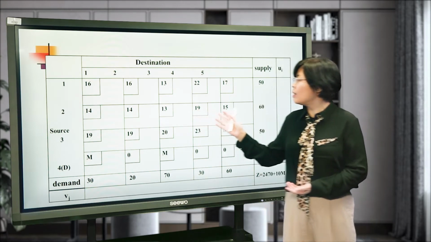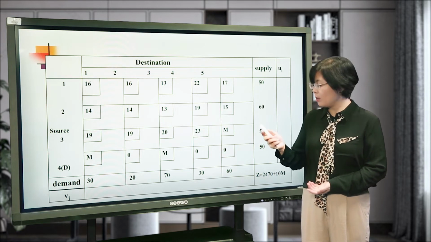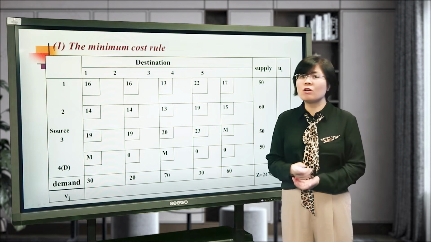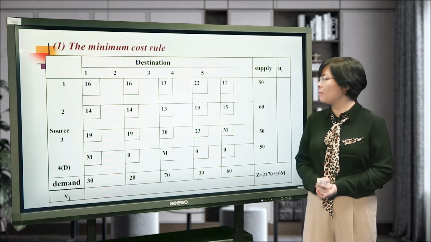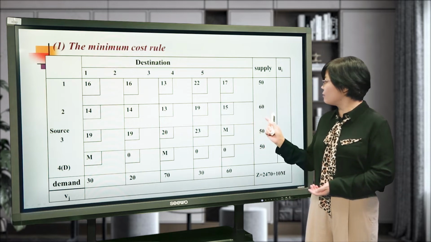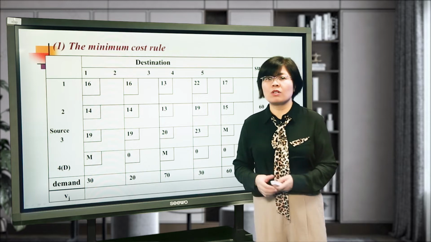This is the parameter matrix of the example. We now use the minimal cost rule to determine the initial BF solution.